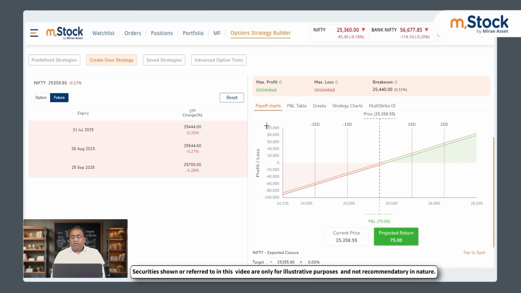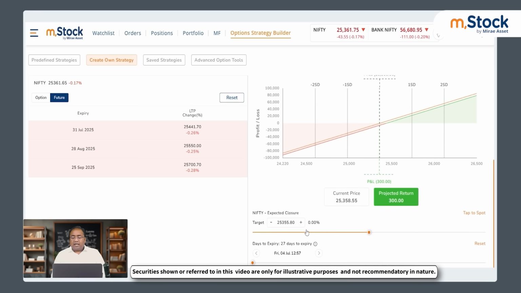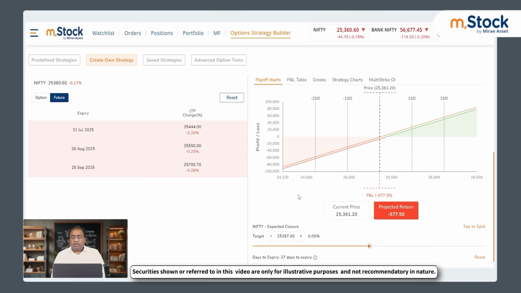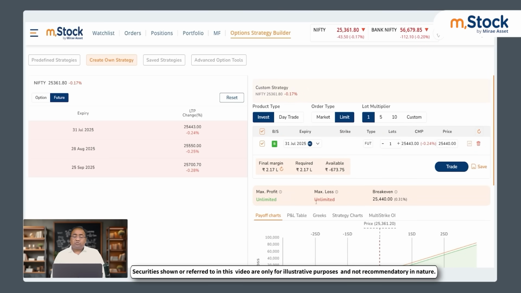Say the current price is 25,358, and I have this option of writing this. For example, if I am bullish, say I feel that Nifty may go up from here, I have placed a buy position. So buy 31st July future, one lot.